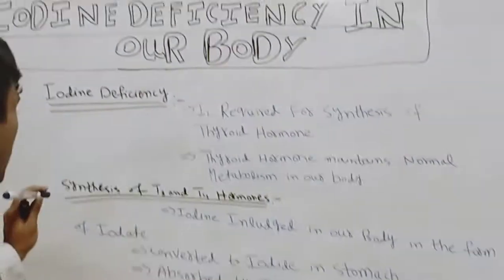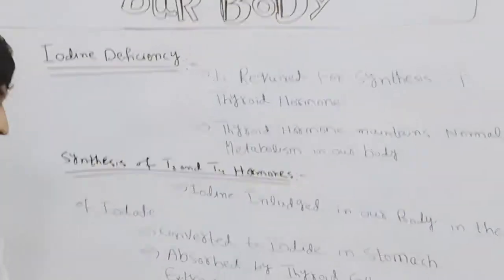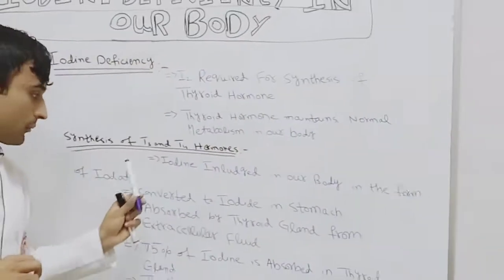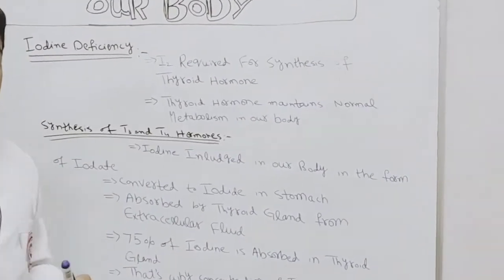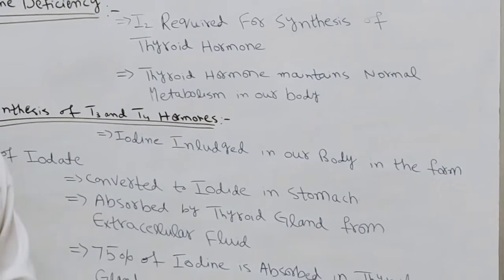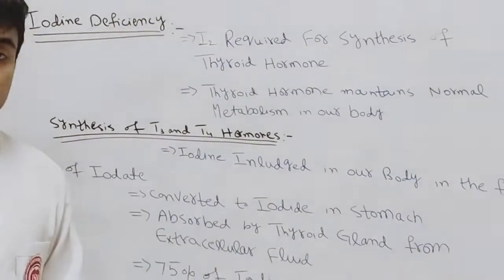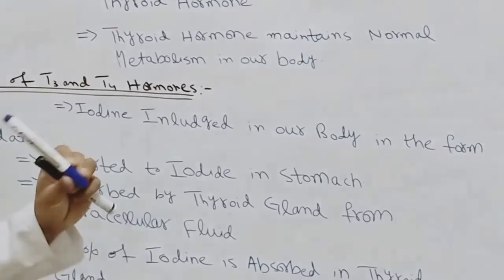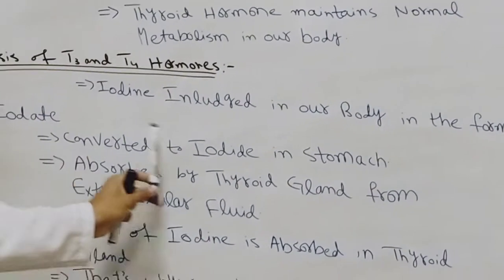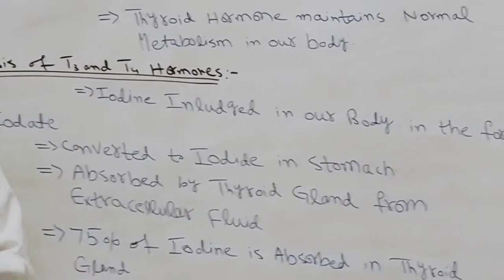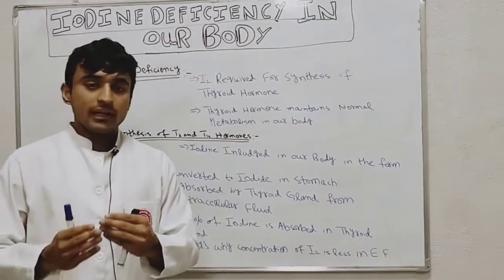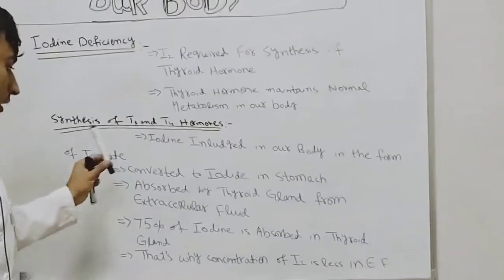Now, talking about the synthesis of the T3 and T4 hormones, which are thyroid hormones. First of all, we must know that iodine is ingested in our body in the form of iodate. Then it is converted into iodide in the stomach, and then it is transferred into the extracellular fluid, where the thyroid gland picks up that iodide.